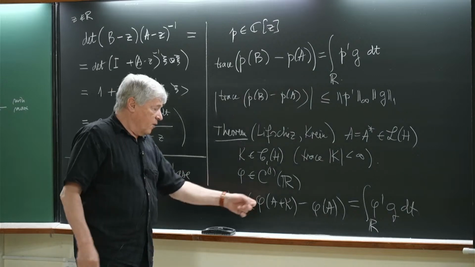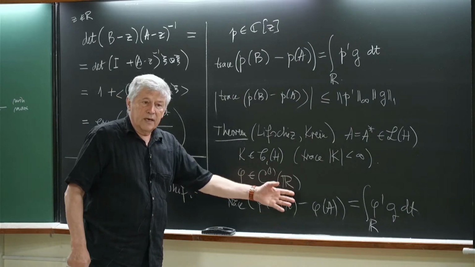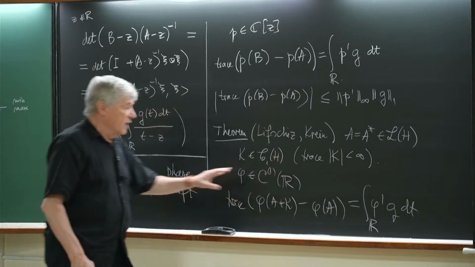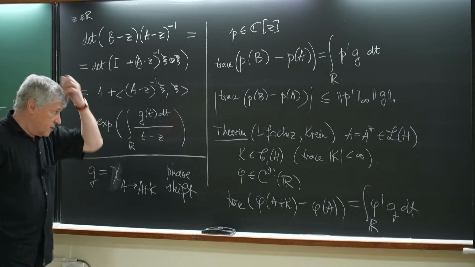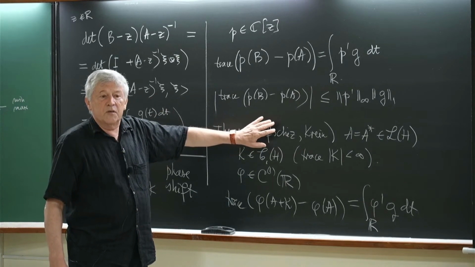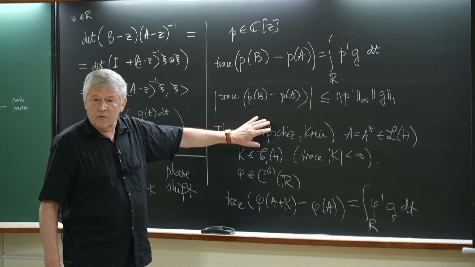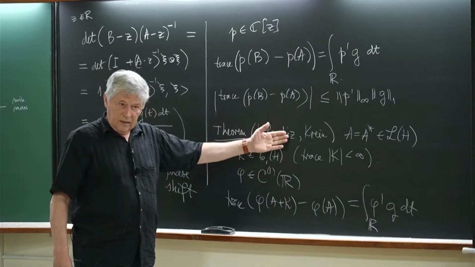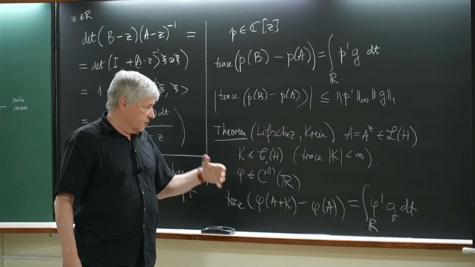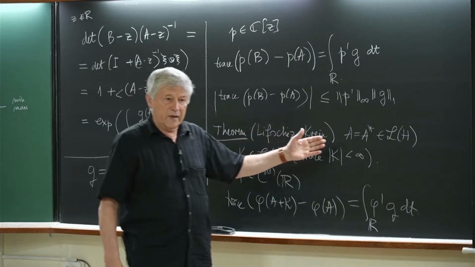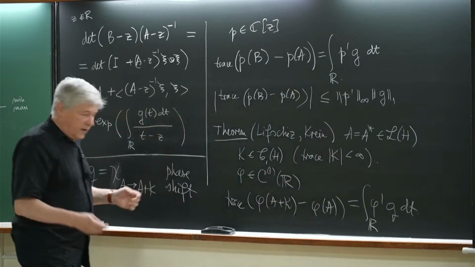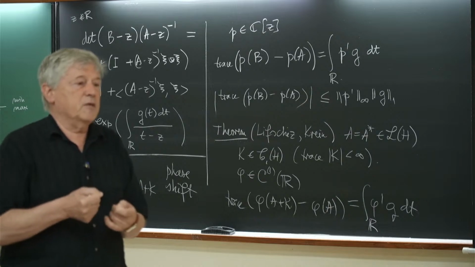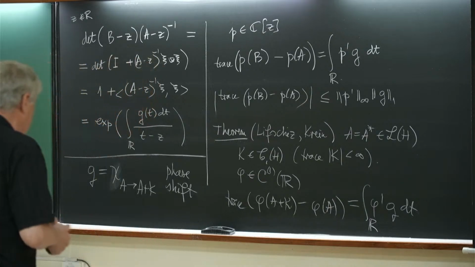Of course, you have to prove that this is trace class by passing to the limit, approximating with finite rank, and so on. Well, this was the discovery of Lifshitz, the physicist, the one with Landau and Lifshitz, who wrote many books. And then Mark Krein remarked that you can push this even to unbounded operators, and it gives you a very flexible tool, a very good grasp on the spectral displacement under trace class perturbations.